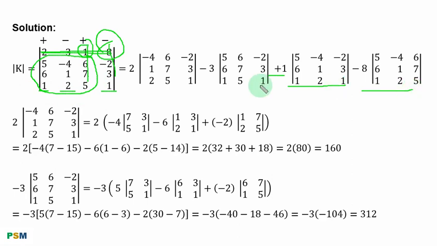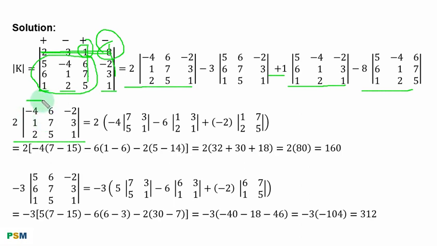After this, you take the first 3 by 3 minor matrix and you reduce it to 2 by 2 minor matrices under determinant. You have it here. You also assign the cofactor signs.